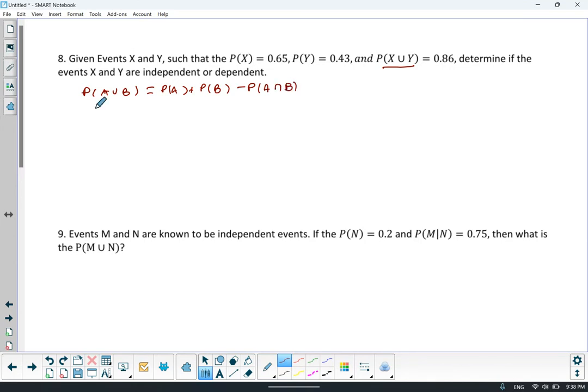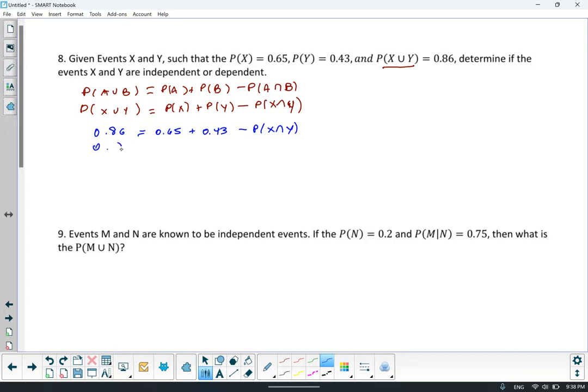So the probability x or y is probability of x plus the probability of y minus the probability of x and y. So this is 0.86 is equal to 0.65 plus 0.43 minus probability x and y.